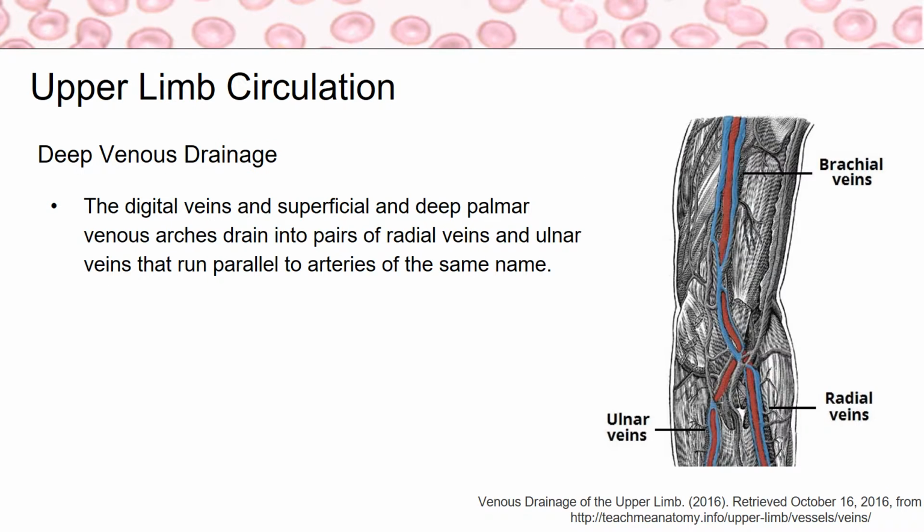So now we have deep venous drainage, and the digital veins and superficial and deep palmar venous arches drain into pairs of radial veins and ulnar veins that you can see here. There are also brachial veins here in the deep musculature. And all of these veins ultimately converge onto the brachiocephalic vein, which then sends the blood into the superior vena cava and into the heart, completing that systemic circulation.